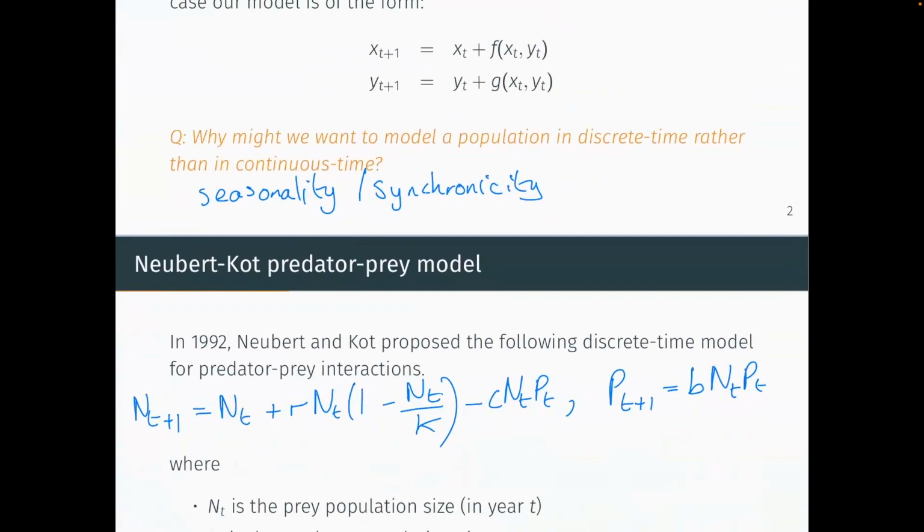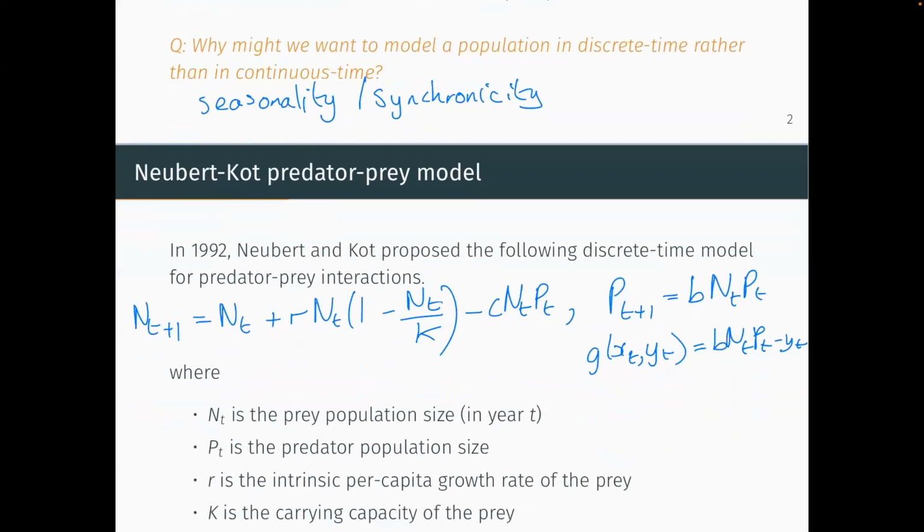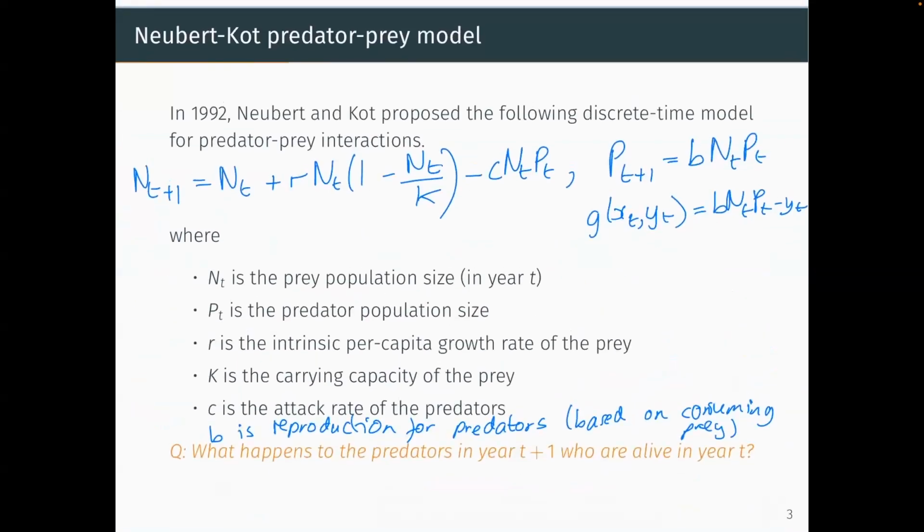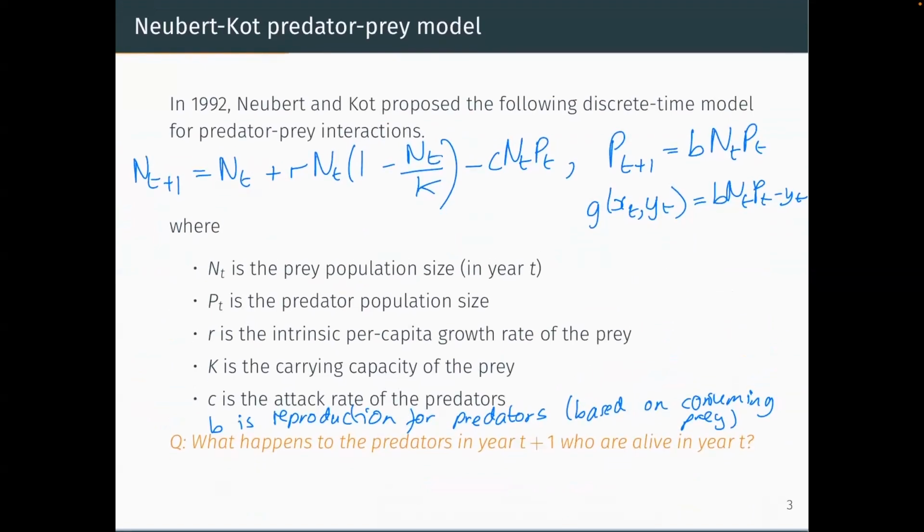So if you think about it in that way, if we set g of x_t, y_t equal to b N_t P_t minus y_t, that might help you answer that question below. That leads very nicely onto that. So what happens to predators in year t+1 who are alive in year t?